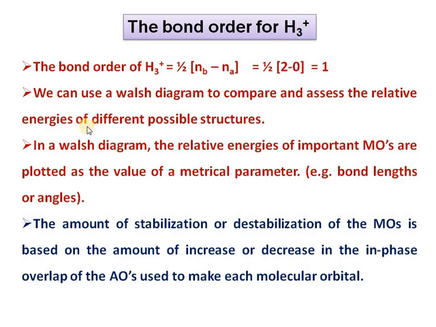But we can also use Walsh diagrams. You know Walsh diagrams? They compare and assess the relative energy of different possible structures. In Walsh diagrams, we calculate the energies for those molecular orbitals and plot them against a geometrical parameter such as the bond length or the bond angle.